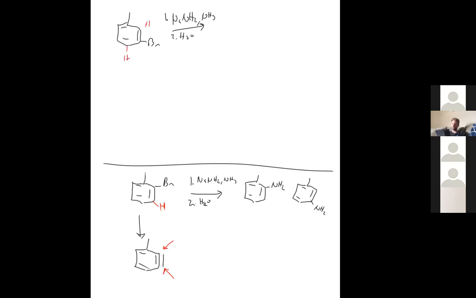So now we have two different hydrogens. They are both unique. They can make two unique different alkynes. Both of these can form their own unique products.